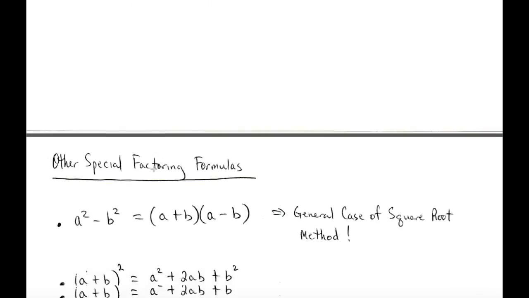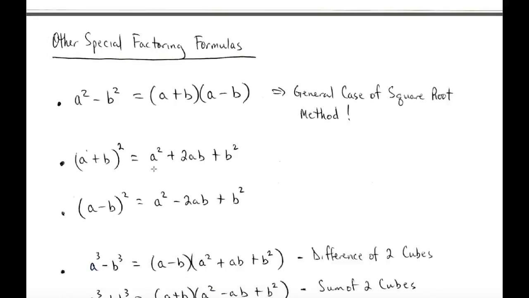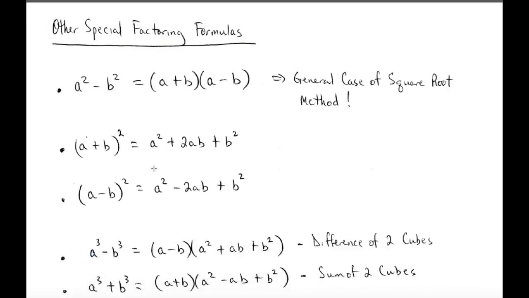All right. Now, the last thing that we're going to talk about here is the other special factoring forms. And so we have what's called the difference of 2 squares. Remember that the sum of 2 squares, we actually saw this a little bit earlier in the form of something like this.